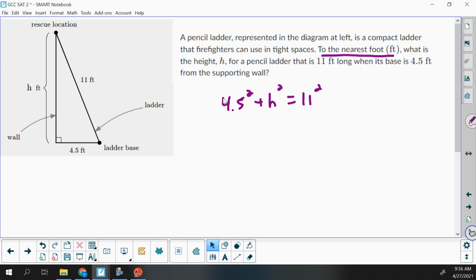So a box will pop up in a second for you to sub in your answer, again rounding to the nearest foot once you get it. So we should eventually get h equals 10.037 and change. So the nearest foot, that would be 10 feet.